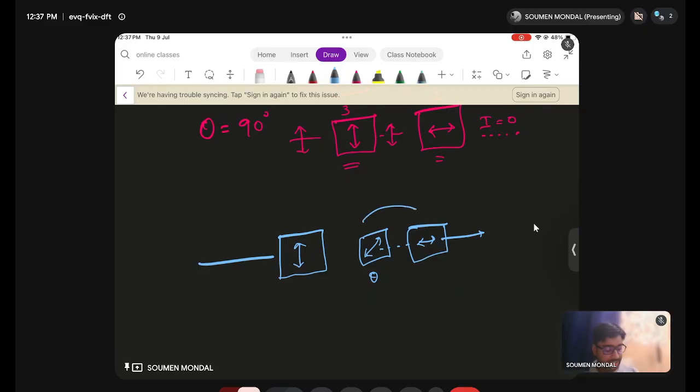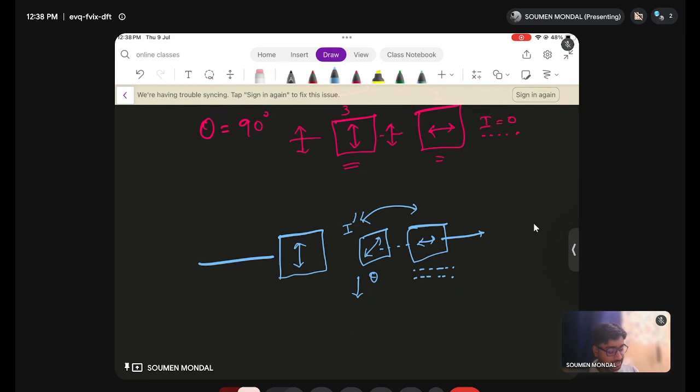Now we can apply Malus's law here. If the intensity entering into it is I prime, you can think of this one as a first polarizer which is polarizing the light, and this one as the analyzer with which we are analyzing the light.